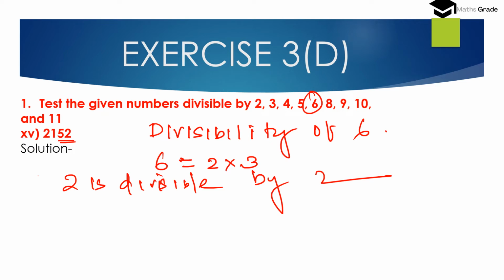2. 2152 is divisible by 2, and now we check whether the number is divisible by 3. The sum of digits of the number is 2 plus 1 is 3, 3 plus 5 is 8, 8 plus 2 is 10. And 10 is not divisible by 3. So 2152 is not divisible by 3.